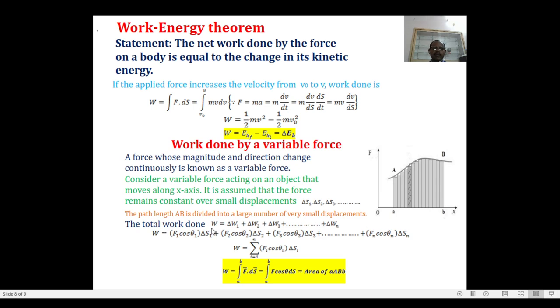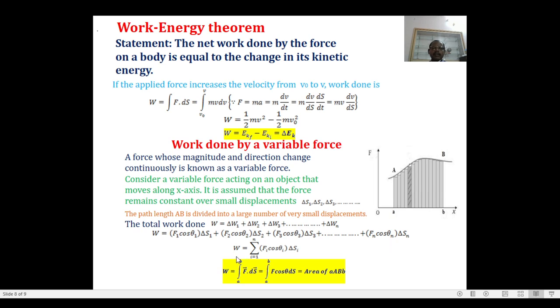Total work done W is equal to delta W1 plus delta W2 plus delta W3 plus and so on plus delta Wn. Delta W1 can be written as F1 cos theta 1 delta S1, plus delta W2 as F2 cos theta 2 delta S2, plus delta W3 as F3 cos theta 3 delta S3, plus so on. Delta Wn can be written as Fn cos theta n into delta Sn.